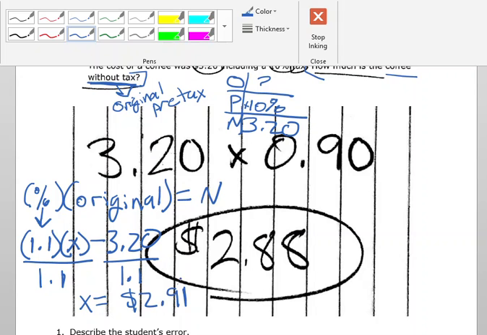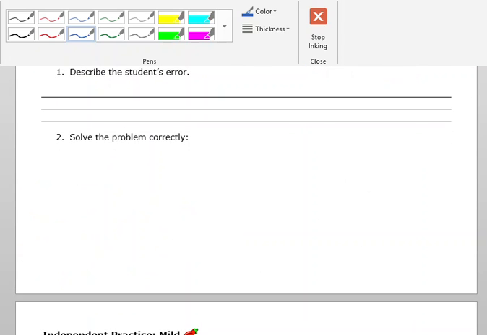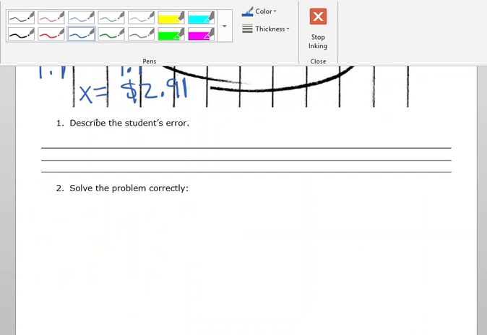And so the question is, well, how did this person get 288 when the real answer is 291? Well, here's why. She found 90% of 320 as if 320 was the 100%.